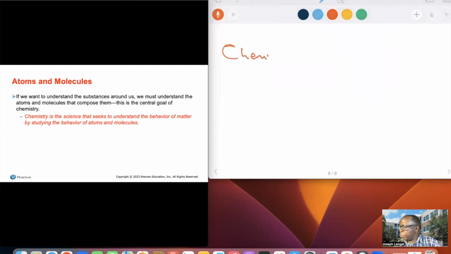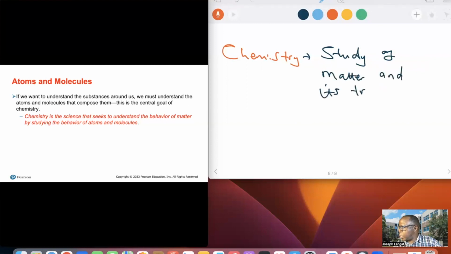Chemistry can also be defined as the study of matter and its transformation.